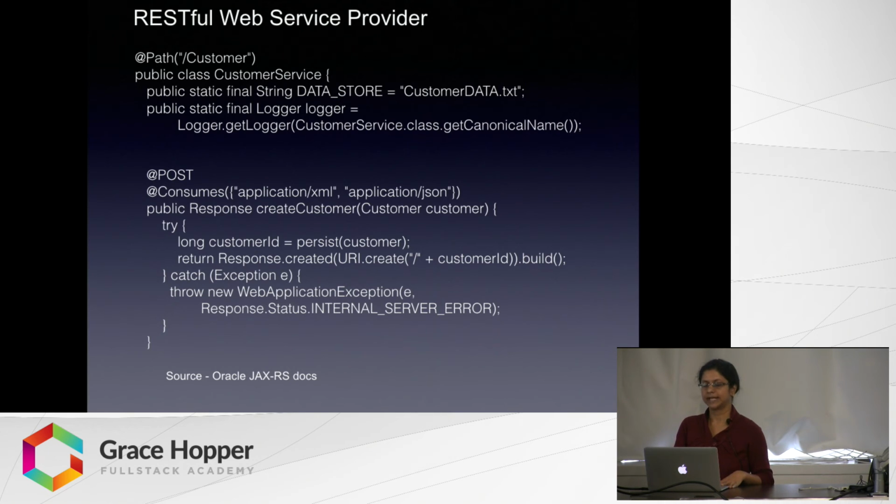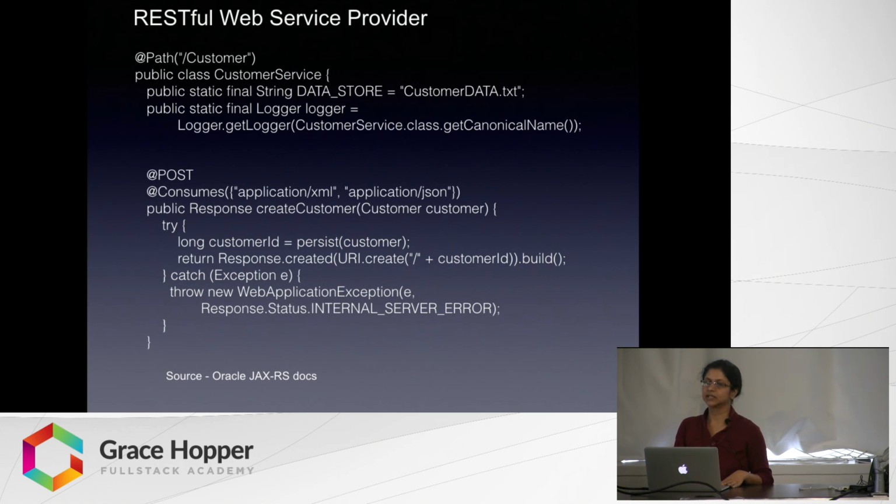And now we have this create customer method, which is accepting a customer input and providing a response back. As you see, it's a POST request, so we are mapping it with the @POST annotation, and there is an @Consumes annotation used to indicate what kind of input the method is accepting. This one is supporting XML and JSON.